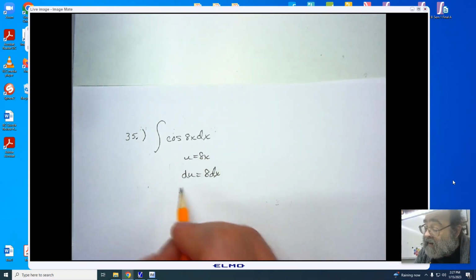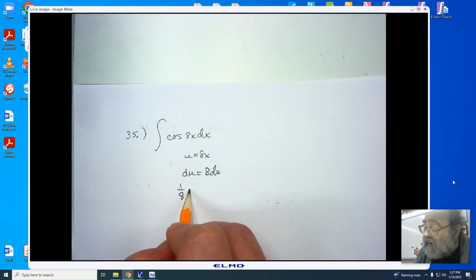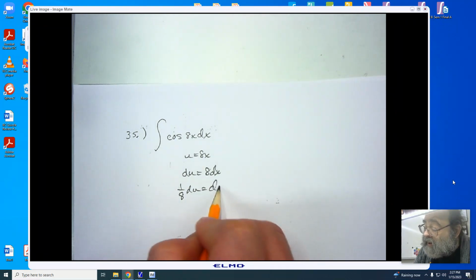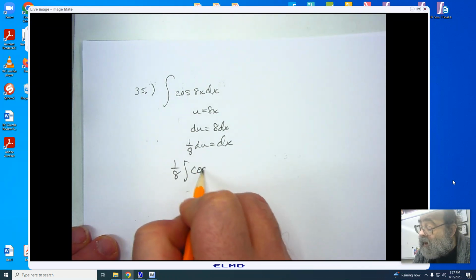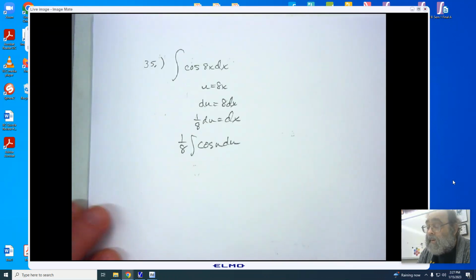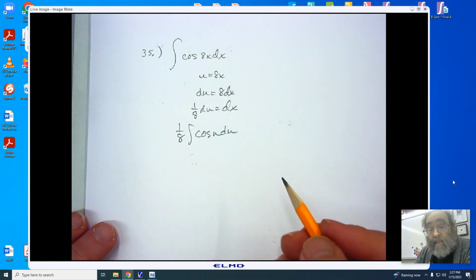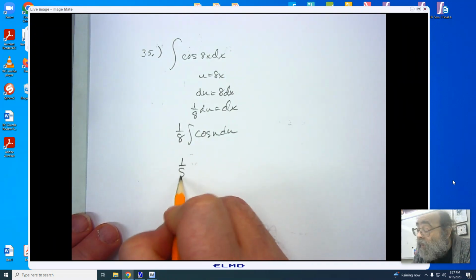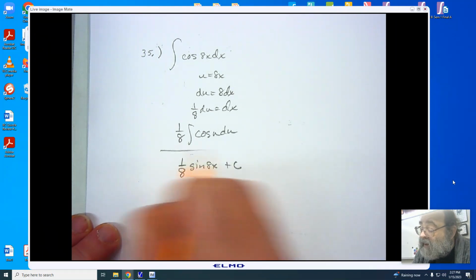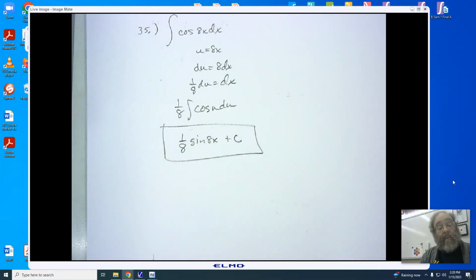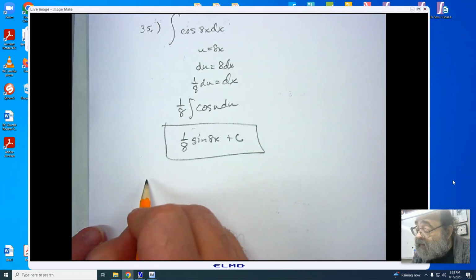I don't have an 8 dx, so 1/8 du equals just the dx. 1/8 integration of cosine of u du. We know that the integration of cosine goes to sine. 1/8 sine of 8x plus c is then my answer.